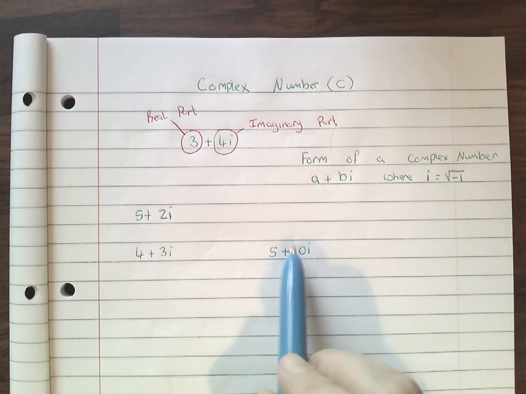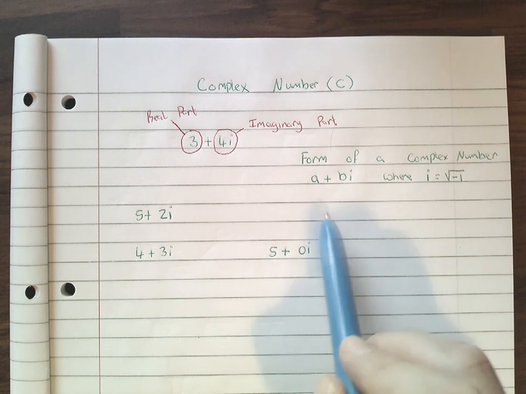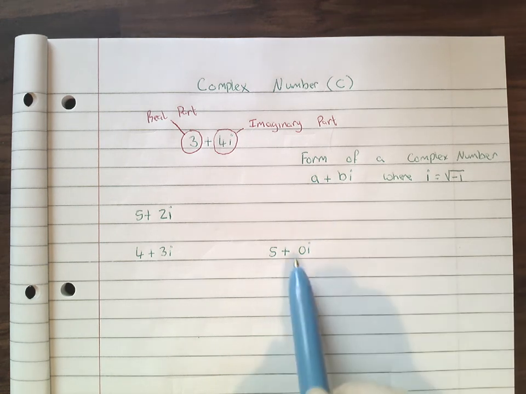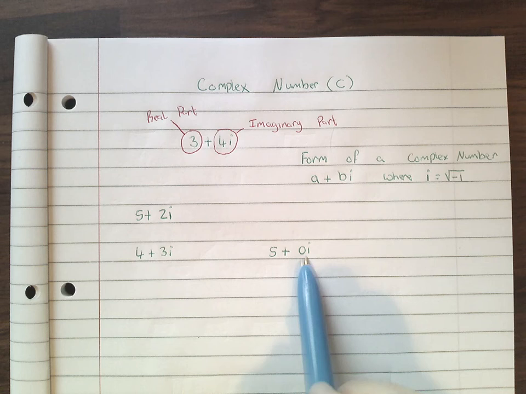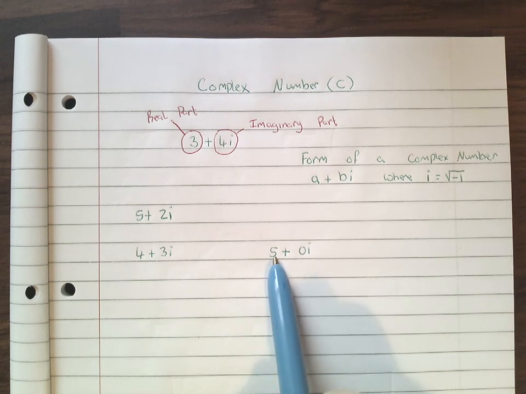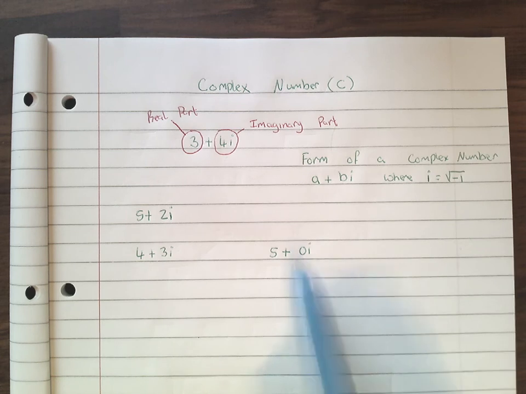So we've taken 5 on its own as a real number, and we've turned it into a complex number by adding this bi bit, which in this case is plus 0i. So the real part is 5, and the imaginary part is 0.